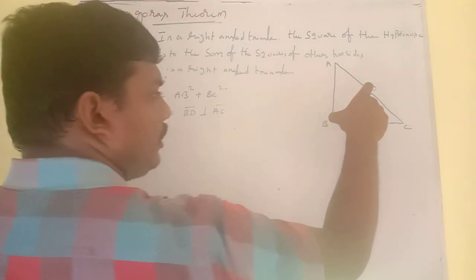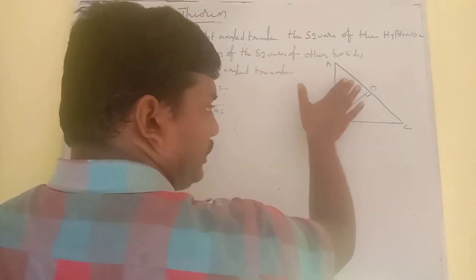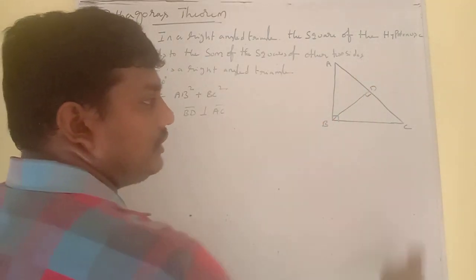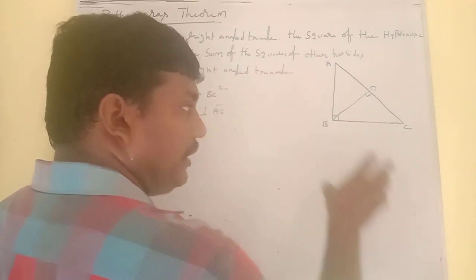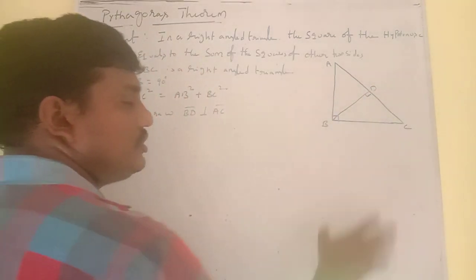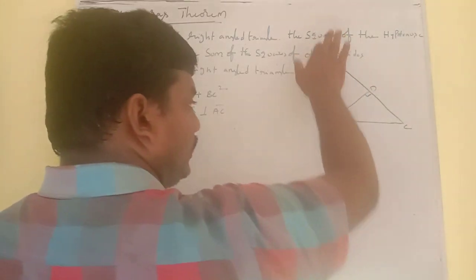This perpendicular line divides the given triangle into two portions. The first one is triangle ADB, and the other one is triangle CDB. Then the original triangle is ABC.